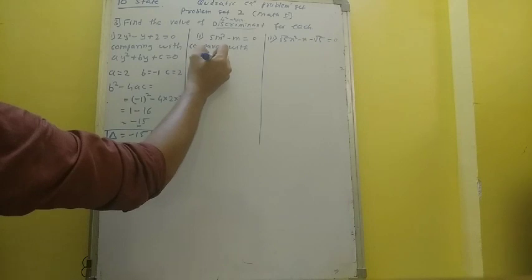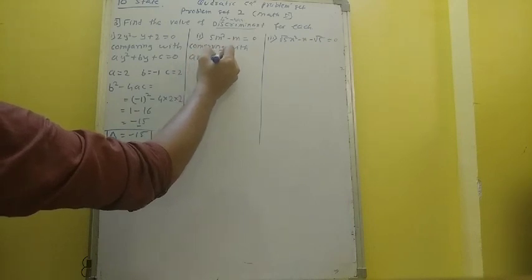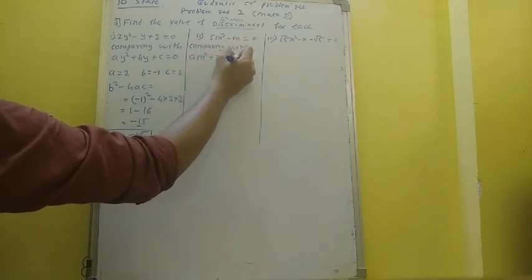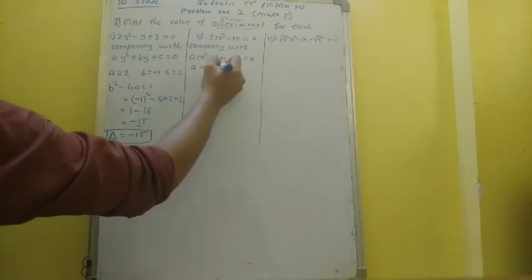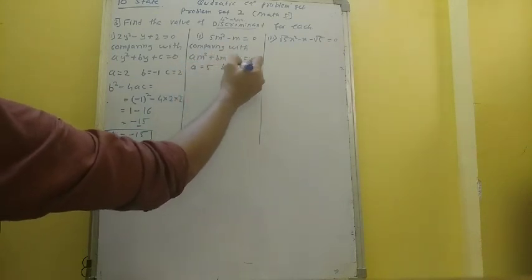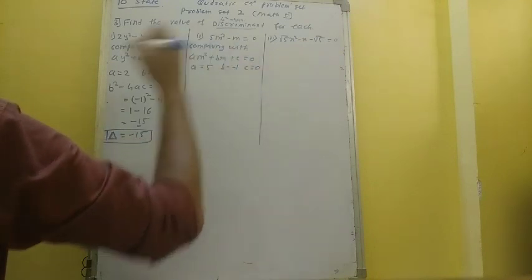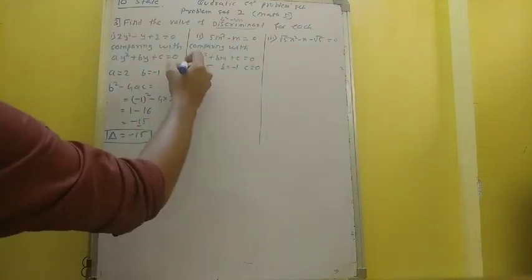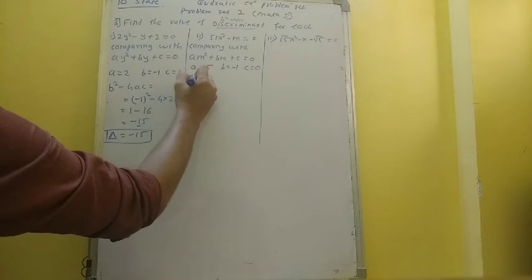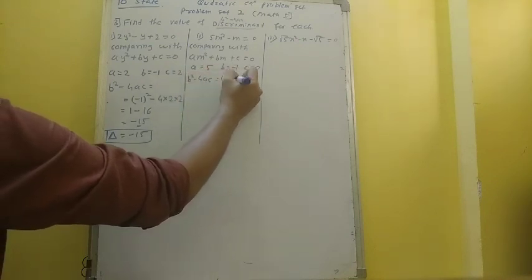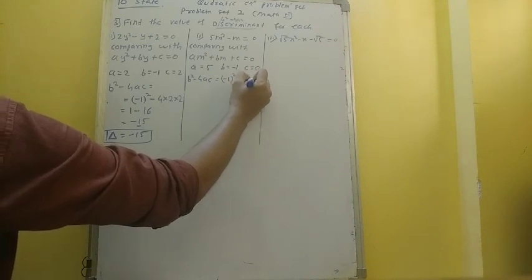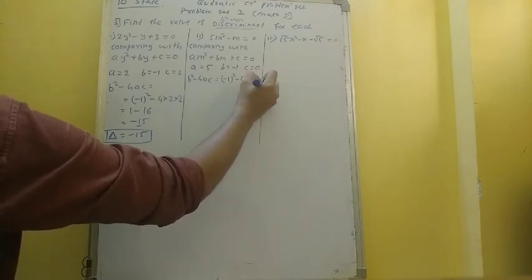am square plus bm plus c is equal to 0. So a is equal to 5, b is equal to minus 1, and we don't have a constant, so we will take 0. So b square minus 4ac is minus 1 square minus 4 into a into c.